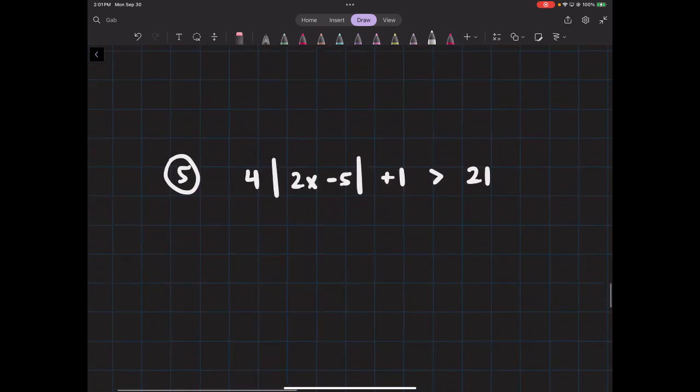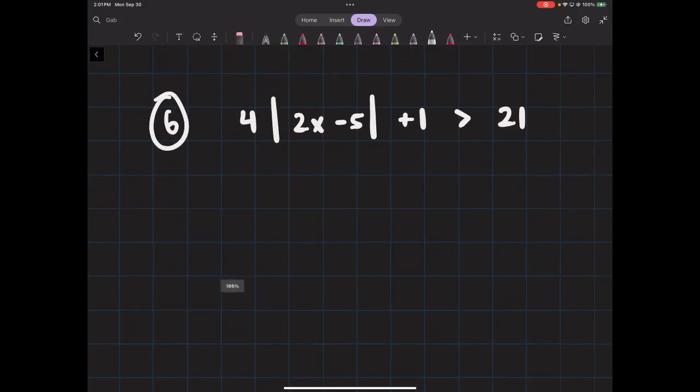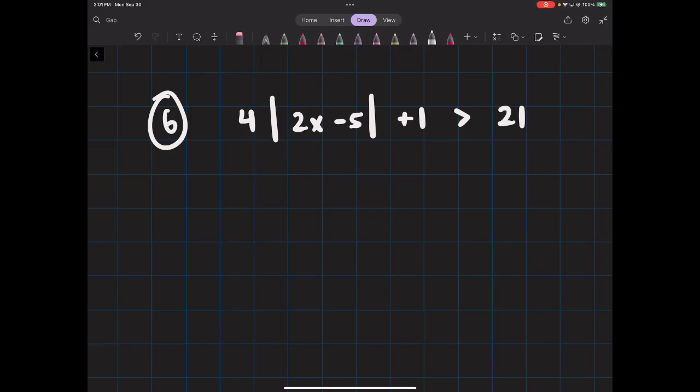All right. Last one. Number 5. Wait, that's number 6. Do we distribute for absolute value? No. Gotta subtract 1 first.